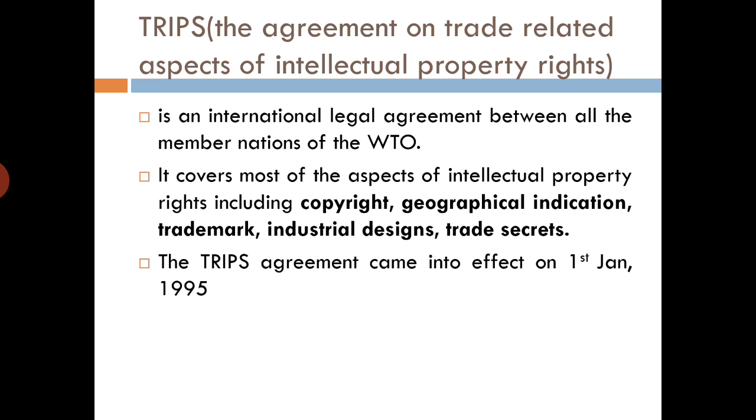GI tag indicates the origin of a product. If a product is unique to a particular region, like Muga silk, which is unique to Assam. It is not found anywhere else. It is found only in Assam.